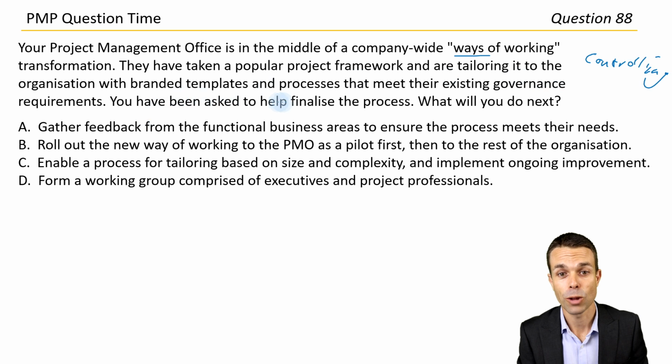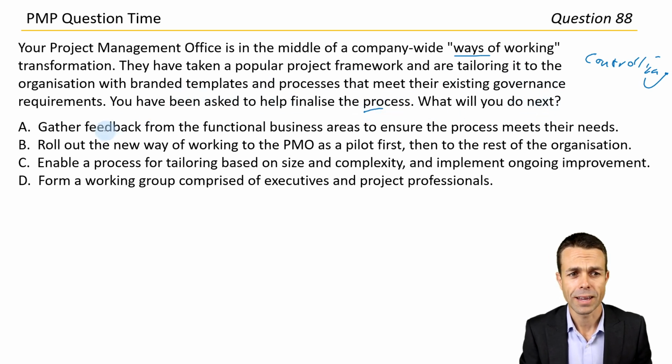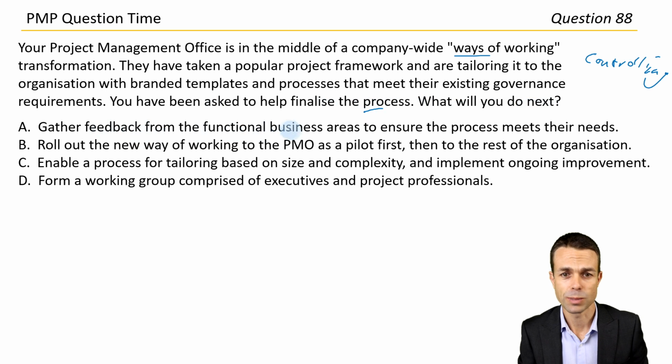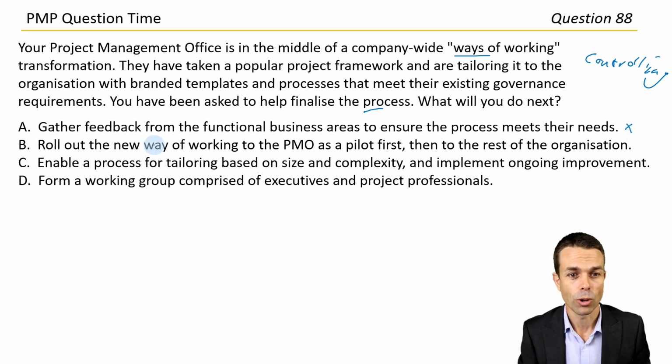You have been asked to help finalize the process. What will you do next? Okay, do we gather feedback from the functional business areas to ensure the process meets their needs? This is more about a project management office, so potentially no for that one. Roll out the new way of working to the PMO as a pilot, then to the rest of the organization. Maybe, I wonder if there's a better one here.